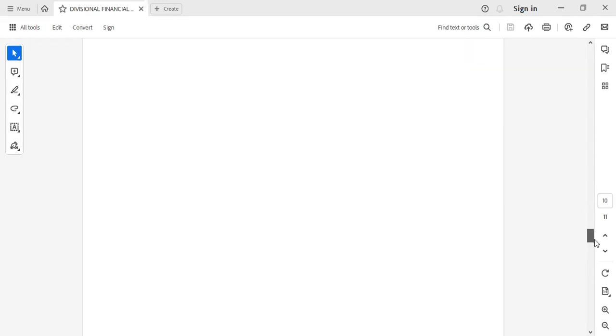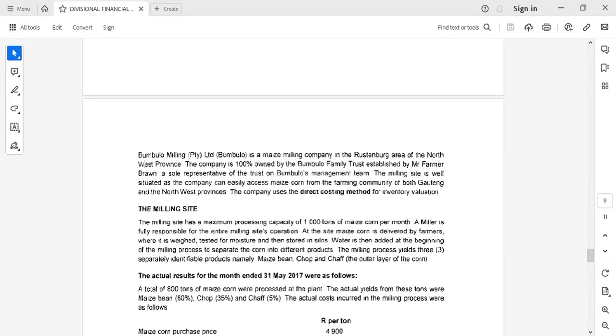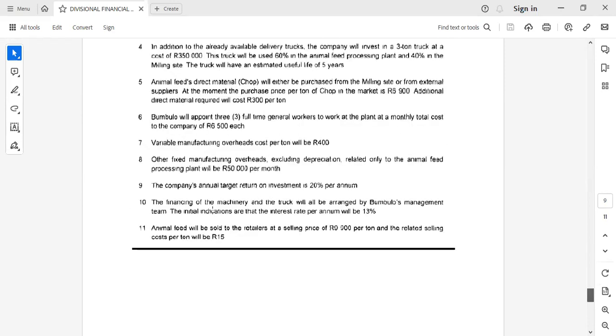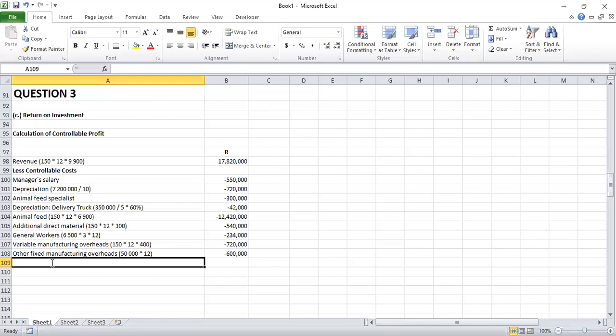So the financing will be arranged by the main company. The initial indicators are that the interest rate will be 13%. So the interest on financing we can say is not controllable. It will be arranged by head office.